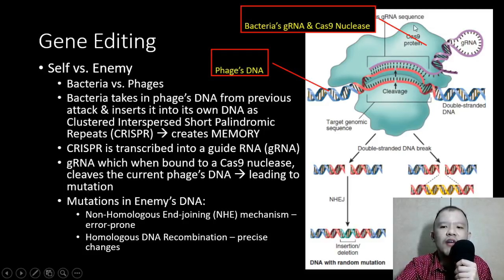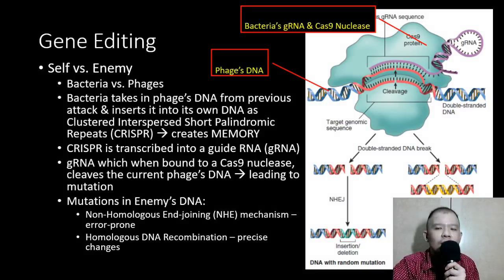So, for example, this protein cleaves the DNA of the virus and causes mutations in the enemy's DNA. You have the non-homologous end joining mechanism, which is error prone, or homologous DNA recombination.